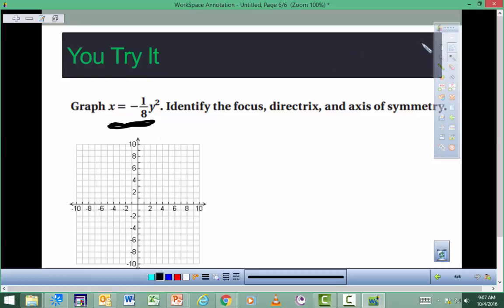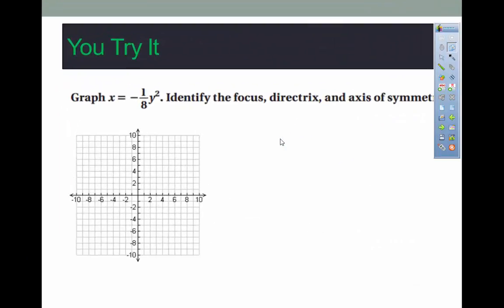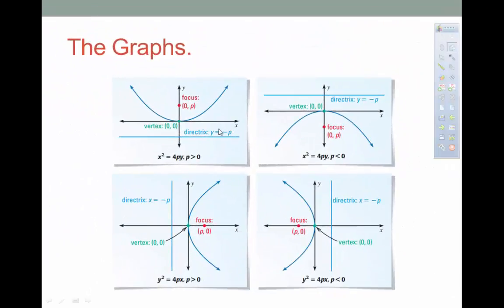All right, let's go back, because I don't think you guys have this figured out yet. Hang on. We have x is equal to -1/8 y squared, right? Don't we have an x equal to a y squared right here? Does this parabola open up or down? This goes left or right, doesn't it?